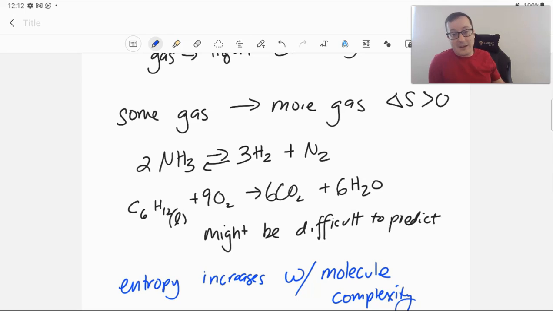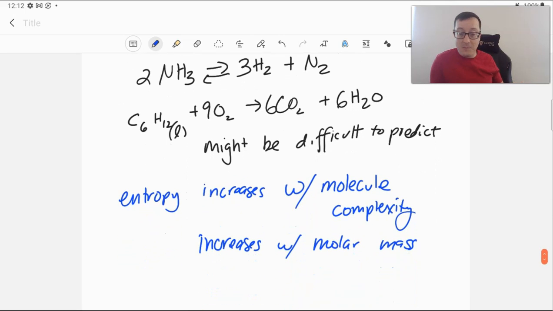We have to look at the complexity of the molecules, and that's not something we can do very easily. Right? We can make predictions, but mathematically we may not get the right answer. And so, therefore, it'd be nice if we did have a mathematical way that we could actually calculate delta S based on a reaction. And lo and behold, we can. We'll see that in the next video.